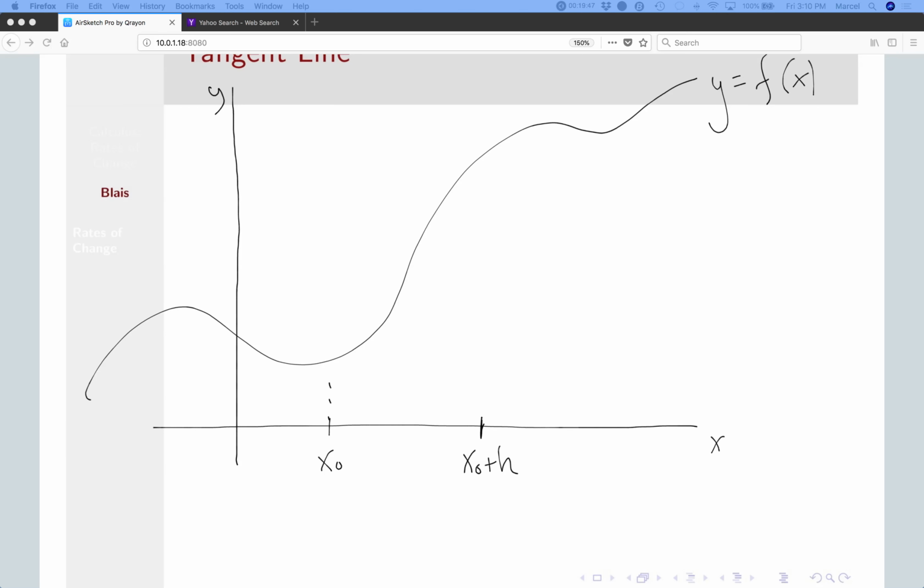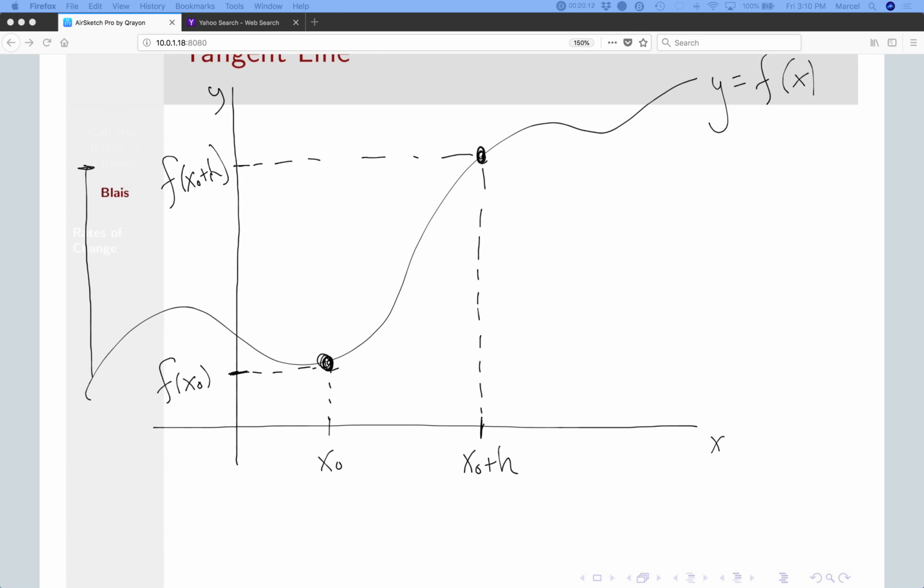So now, here we have f of x naught. And then here we have f of x naught plus h. And again, this is our increment. This is our delta y.